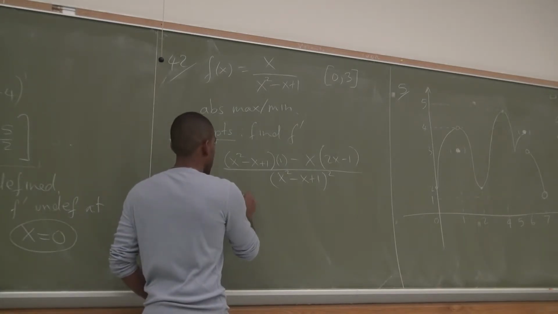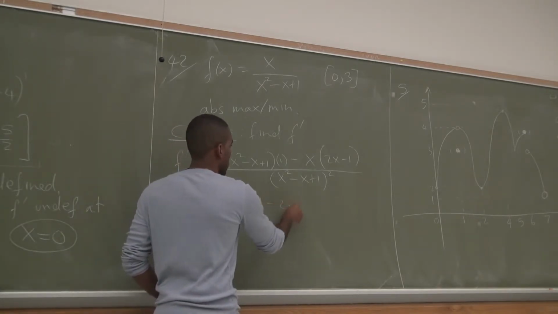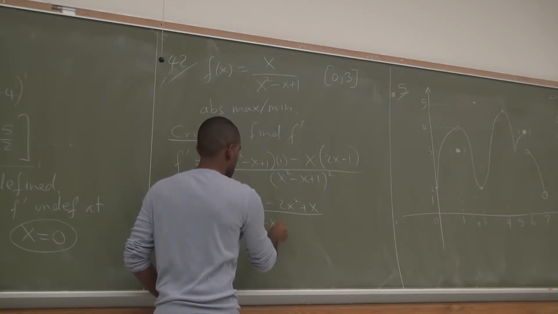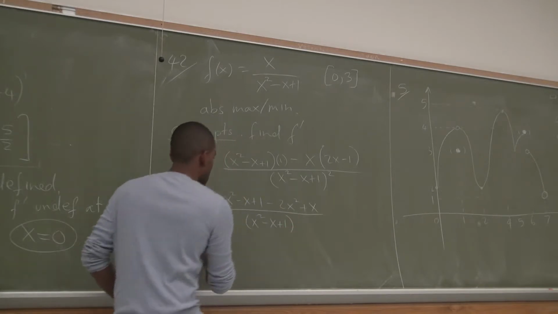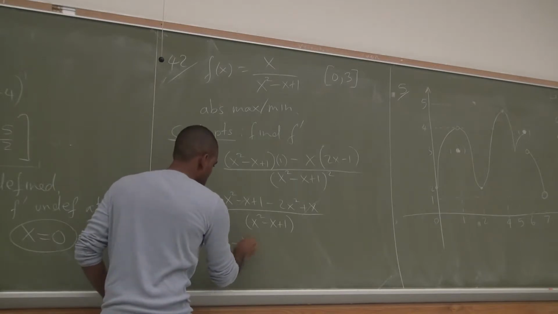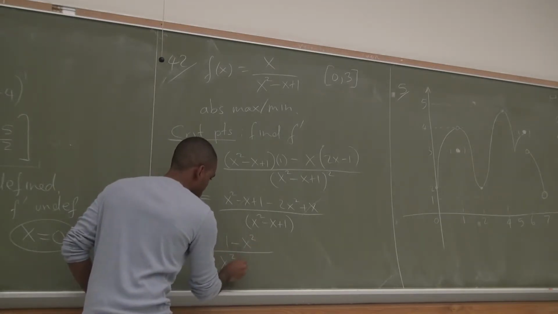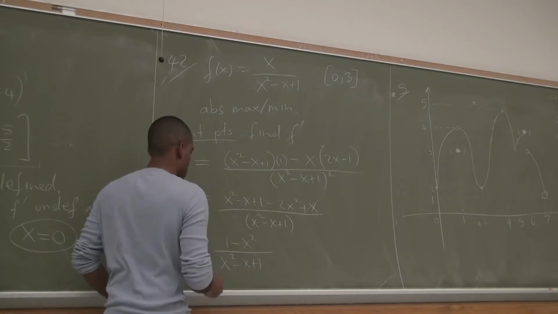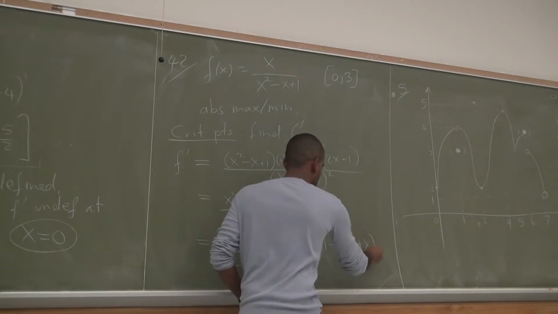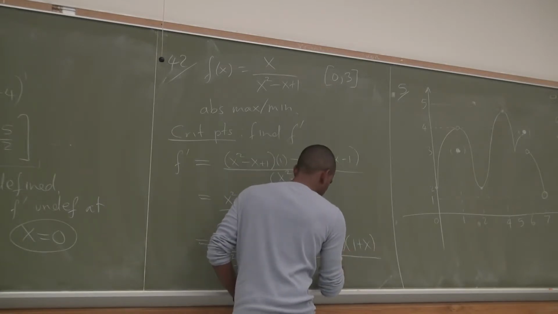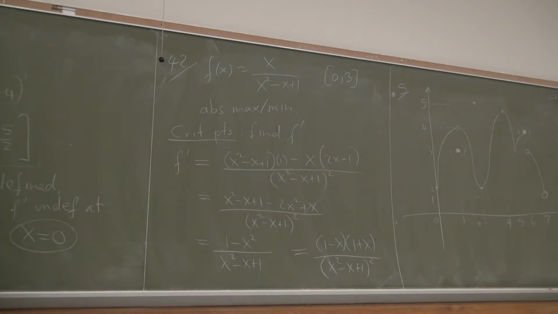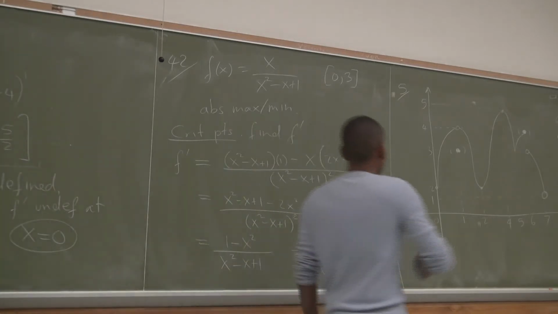It's just x squared minus x plus 1 minus 2x squared plus x, so it's just 1 minus x squared. Okay, so that's the derivative. So what are the critical points now?